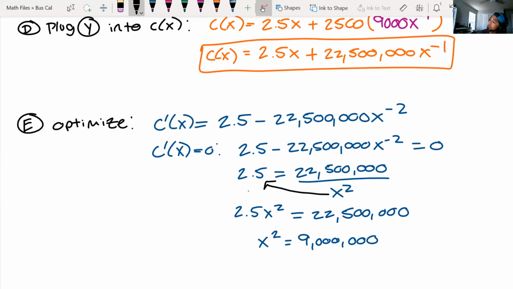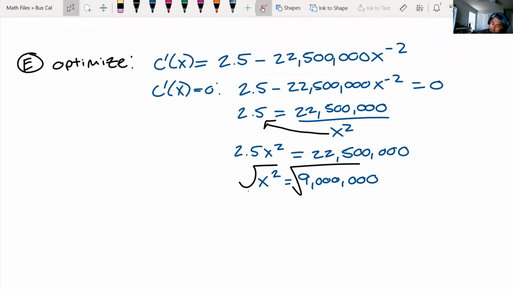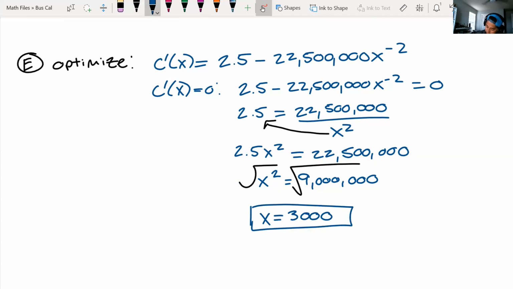Where all we have to do next is square root both sides. And we're only going to take the positive value, and the square root of 9 million is 3,000. And that's going to be the number of chainsaws.